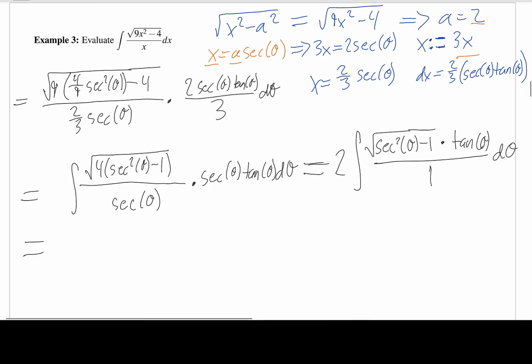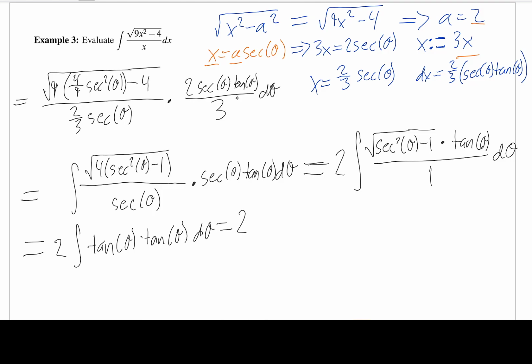And so this is going to be 2 times the integral of the square root of secant squared theta minus 1. Our identity for that is that that is equal to tangent squared of theta. The square root of tangent squared of theta will give us tan theta. So we'll have tan theta times tan theta d theta.